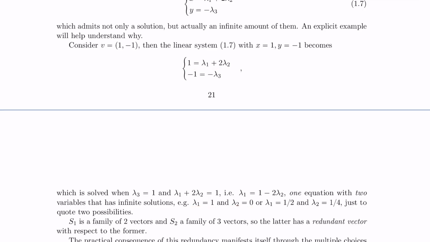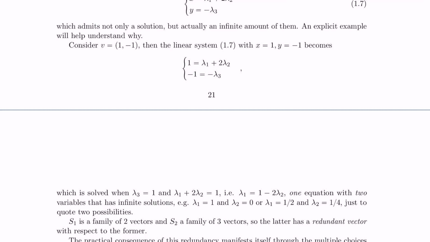But you can also choose lambda 1 equals 1/2, lambda 2 equals a quarter. You inject these two values in this equation and you find a solution. These are just two of the infinite amount of solutions that you can consider.